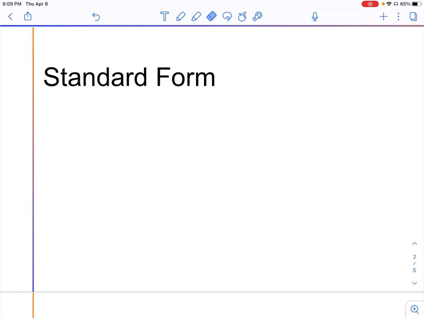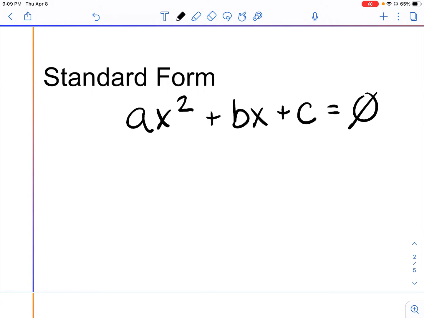And the standard form quadratic equation is ax squared plus bx plus c equals 0. So a, b, and c are coefficients, they're numbers for our variable x. And so we see three terms of x.